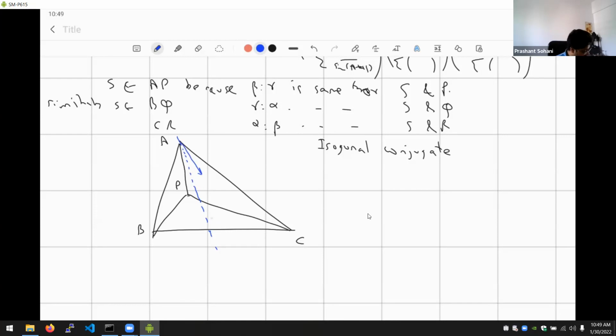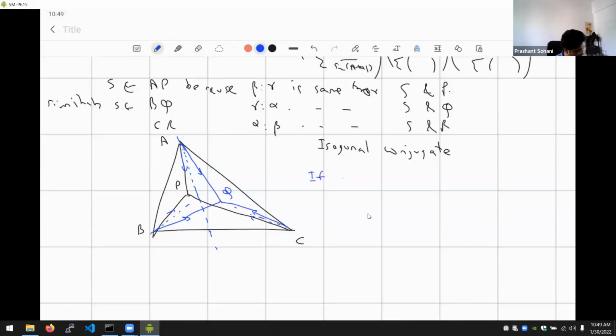In the same way, I could consider the reflection of BP also, and CP also. So these original lines AP, BP, CP were concurrent. These isogonal reflections are also concurrent.